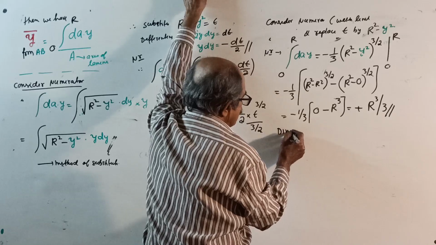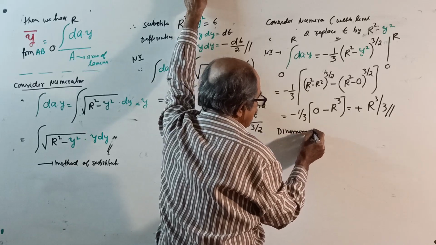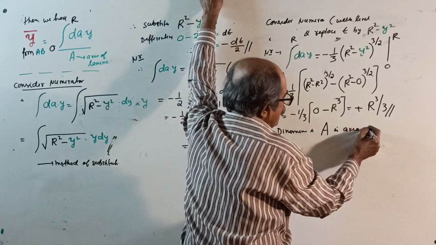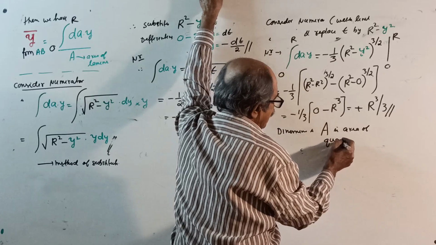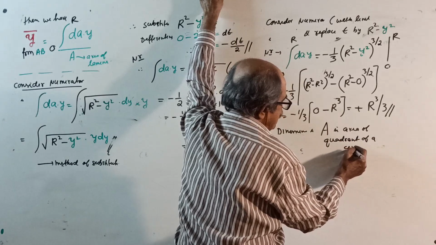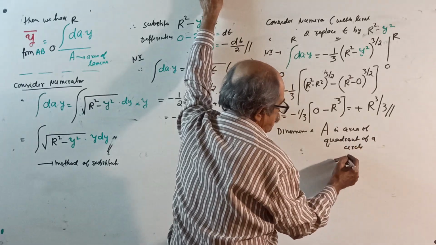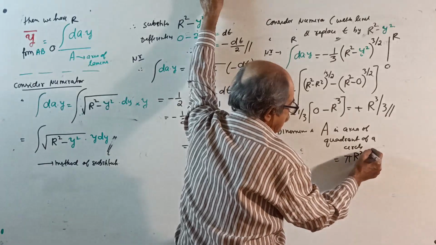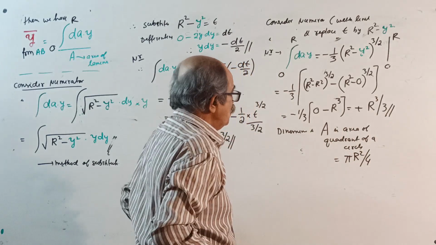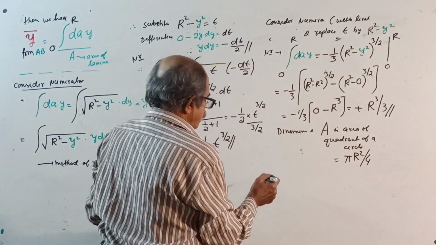The denominator is A, the area of a quadrant of a circle, equal to pi r square divided by 4. Semicircle is pi r square by 2, quadrant is pi r square by 4.